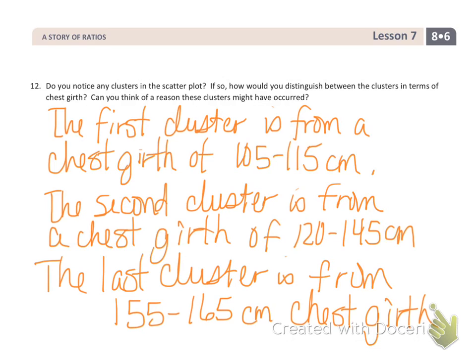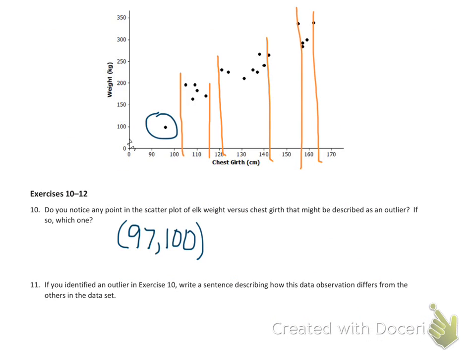Okay, so can we think of a reason that these clusters might have occurred? Well, they're all the same species of elk, so we could say that maybe it's different ages of elk. So this cluster here would be younger elk, but it could also be males.